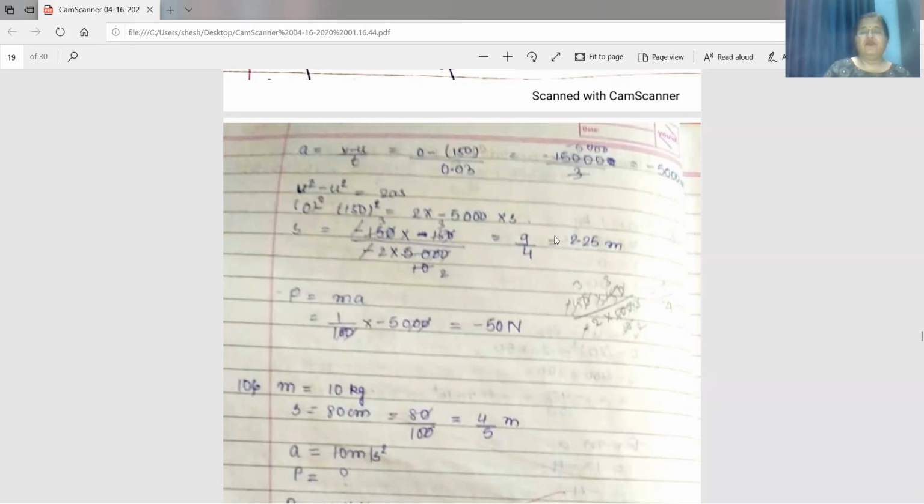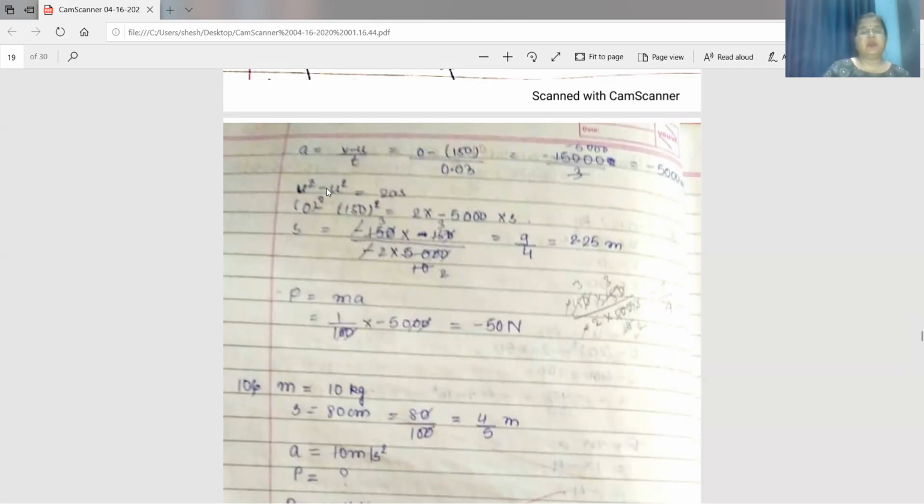Therefore, force equals to m into A. Mass is 1 by 100 into acceleration is minus 5000. 20 will get cancelled. What is left? Minus 50 Newton.